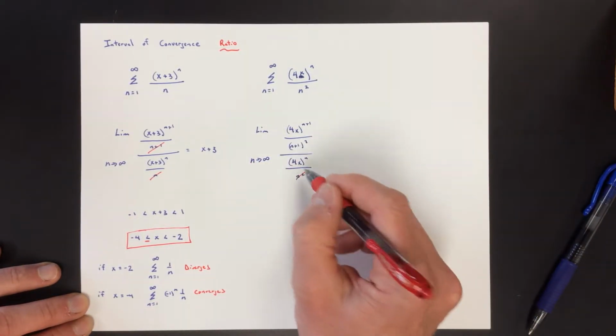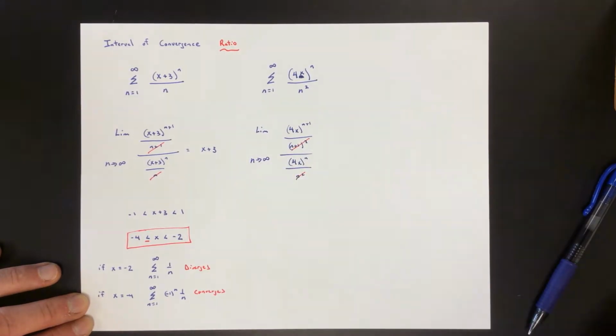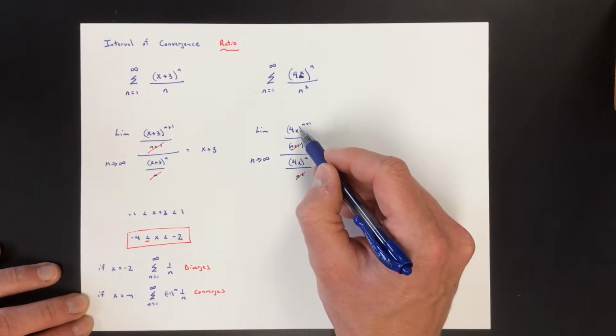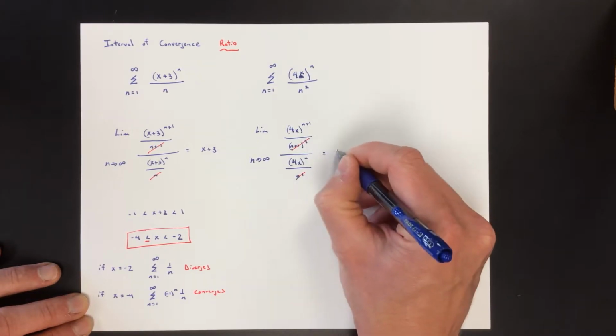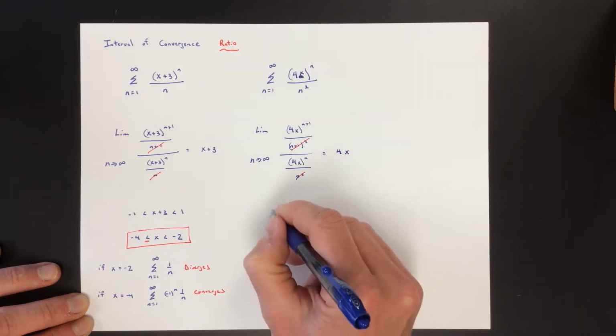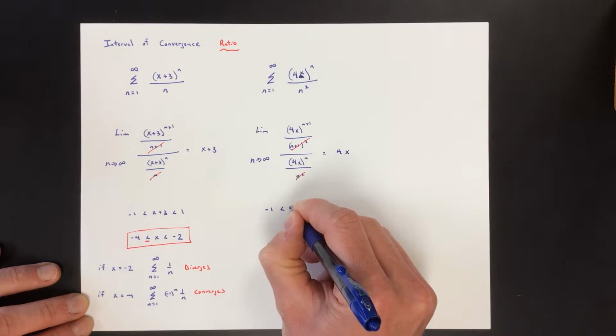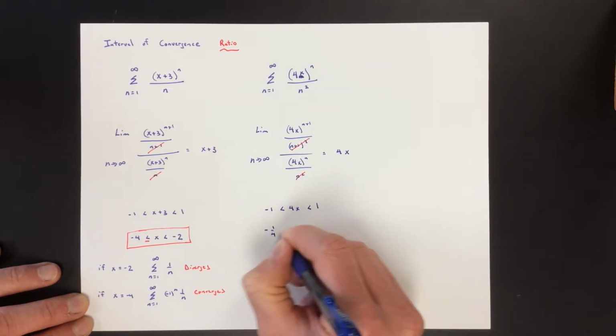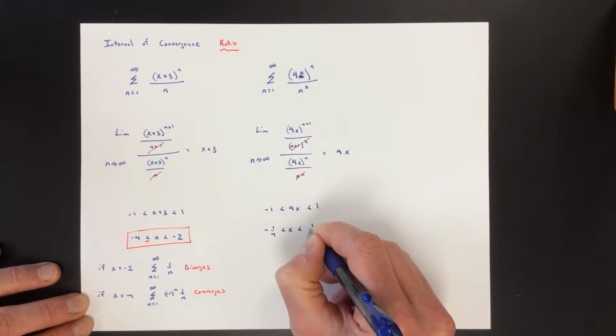L'Hopital says that n squared and (n plus 1) squared as n goes to infinity are the same, and we know our exponentials. This is 4x times (4x) to the n. This is just one extra factor of 4x, which means I'm going to take that limit and set it in between negative 1 and 1, and then I'm going to divide by 4, and I get this.